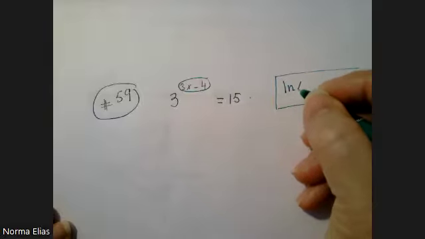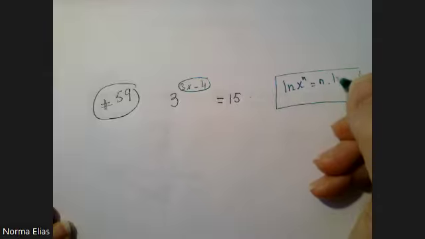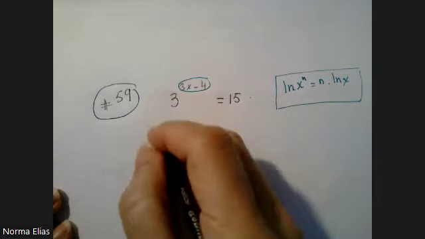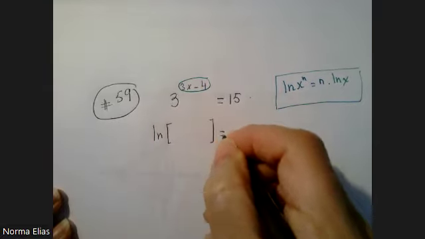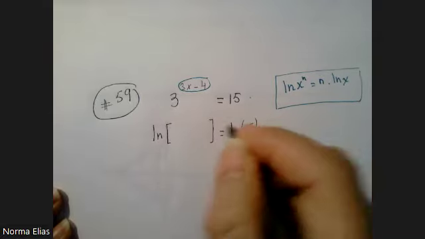The log has the property that if you take the log of x to any power, you can bring the power down. That's the property we will use continuously. So I'm going to take the natural logarithm of both sides. The natural log of the first term is equal to the natural log of the second term.